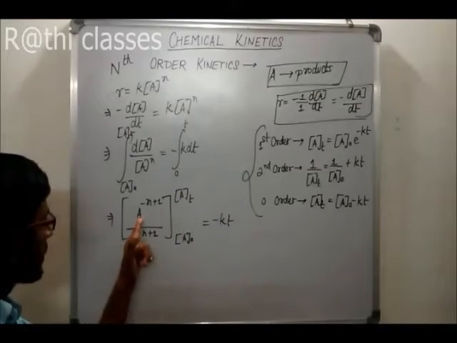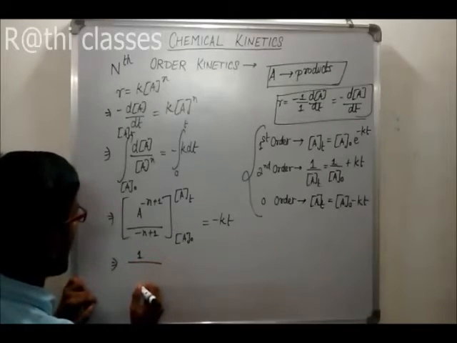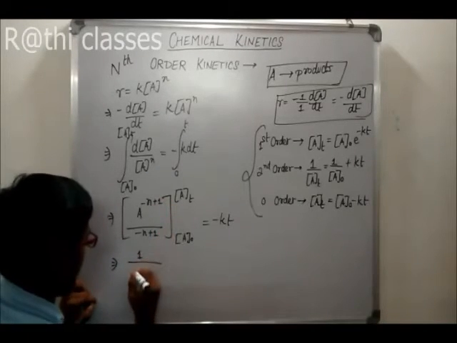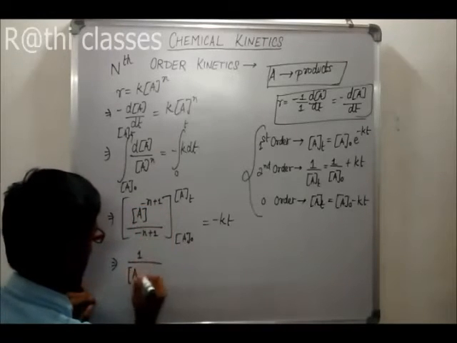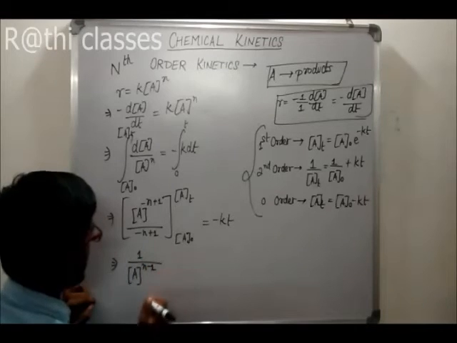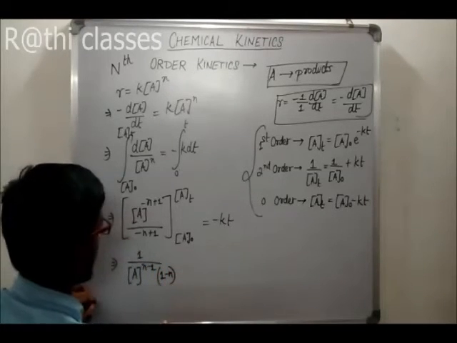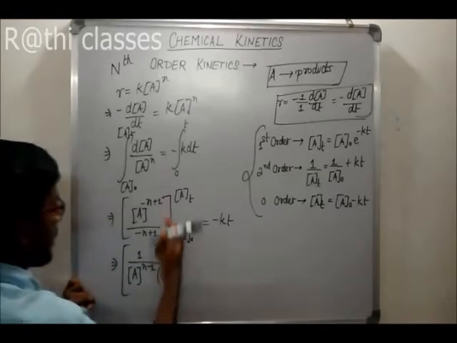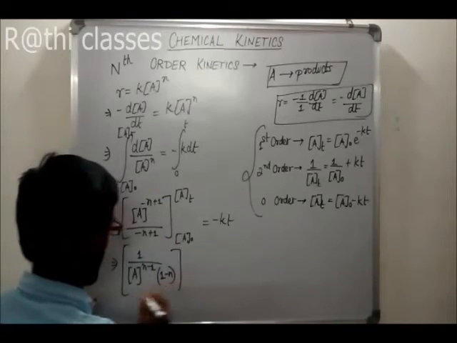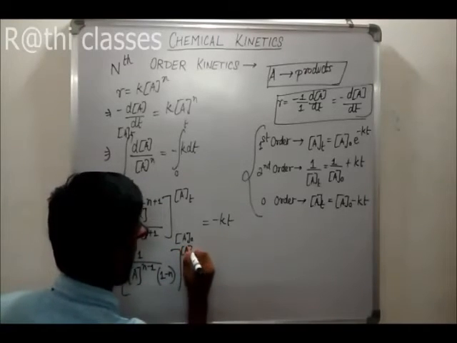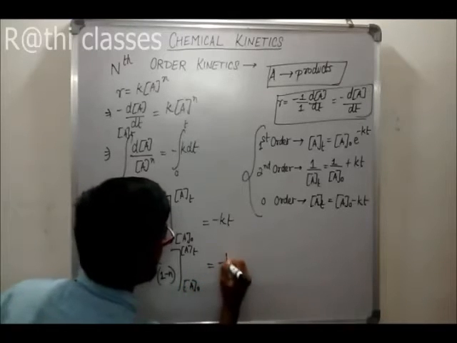I can even replace it as 1 upon a to the power n minus 1 into 1 minus n. I brought it down and take the inverse of minus n plus 1, which is n minus 1, from A naught to At is equal to minus kt.